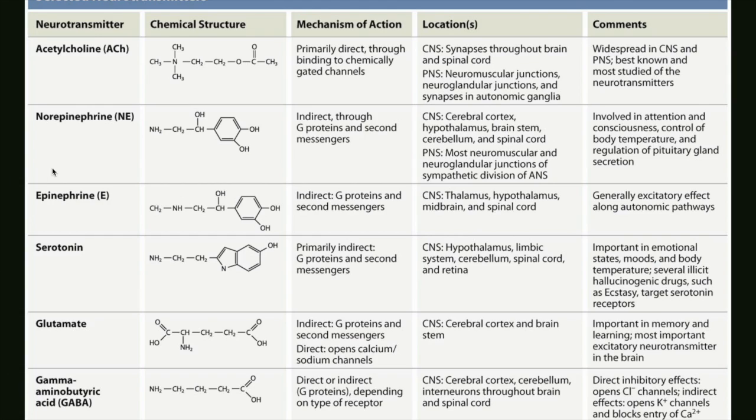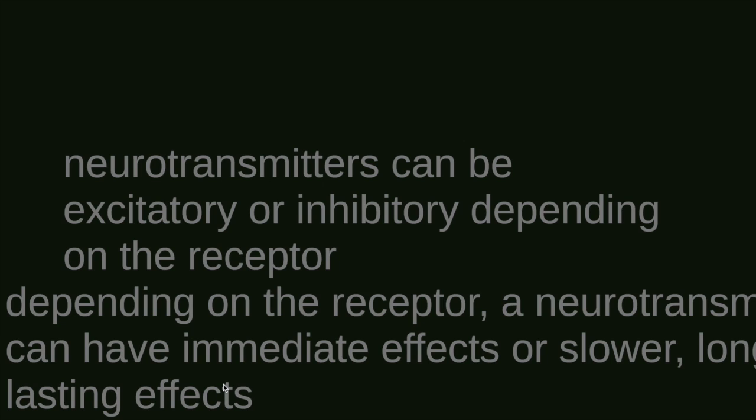We can classify them chemically. We're not going to worry about that for this class. We can classify them functionally as excitatory or inhibitory. That can also depend on the receptor. And depending on the receptor, a neurotransmitter can have immediate effects or slower, longer-lasting effects through second messengers.